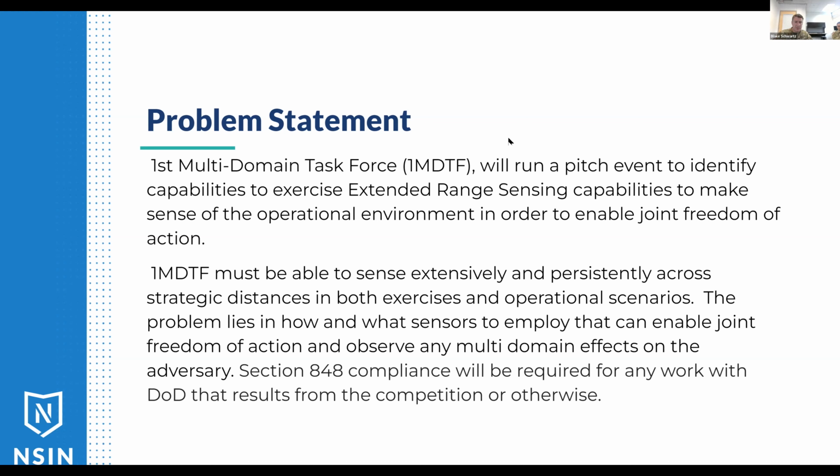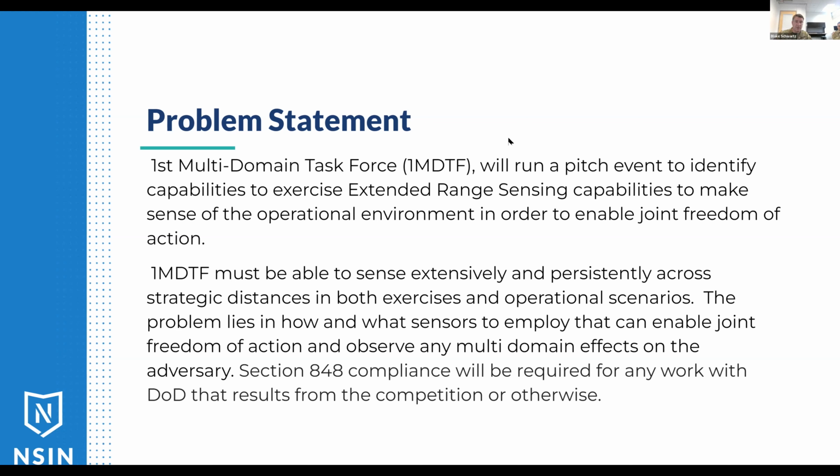So then the problem is, you can read it there, what sensors to employ and how do we get them there with the platform, to enable joint freedom of action and observe multi-domain effects on the adversary. So not only can I see it smoking after a kinetic strike hits it, but do I have the ability to detect a change in the RF domain?